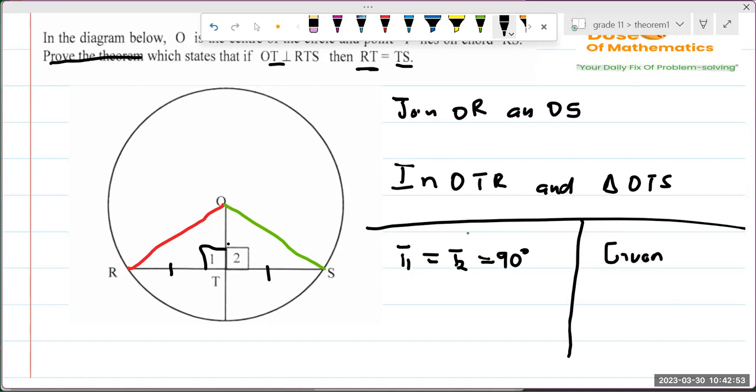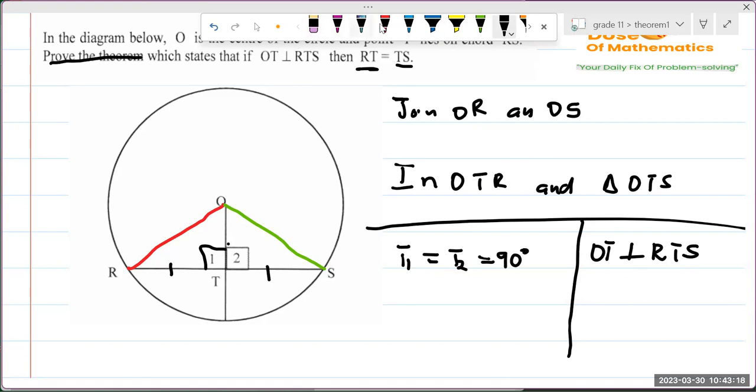In fact, if you don't want to say it's given, you can use the following reason: it's because we have OT, which is perpendicular to RTS. The reason why this is equal to 90 degrees is because those two things are perpendicular to each other.